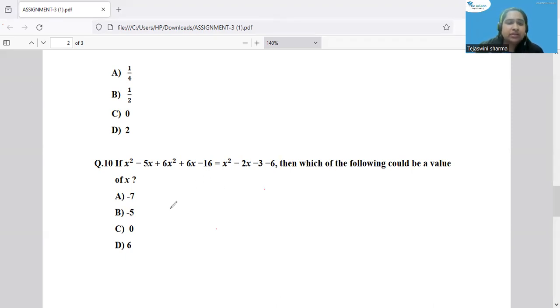And by putting the value negative 7, I think it should be in the denominator of the question. Some typing mistake, I can see it here. The correct expression should be x to the power 2 plus 6x and then minus 16, and in the denominator it should be x to the power 2 minus 5x plus 6.